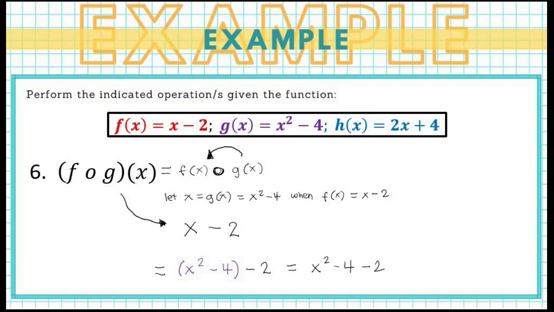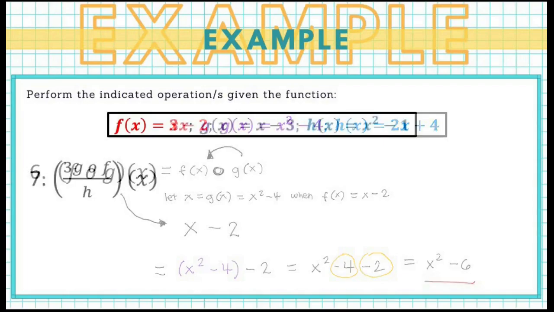Then combining the constants will give us a simplified form. So we're going to combine negative 4 and negative 2. Hence the result will become equal sign, copy x squared because we cannot combine anything with it. The negative 4 minus 2 is negative 6. Hence, the result is x squared minus 6.